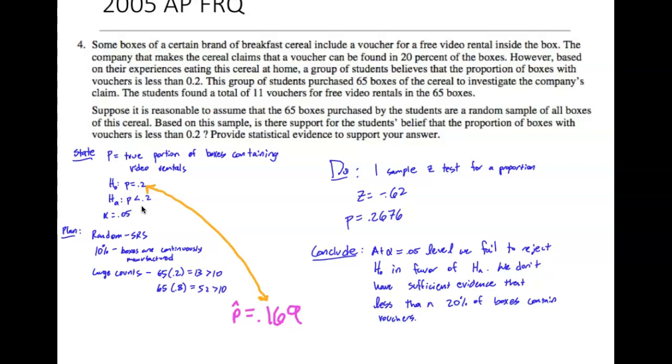So the last thing we're going to talk about is going back to type 1 and type 2 error. Remember, type 1 error is a false positive. Type 2 error is a false negative. What type of error could we have committed here? So we failed to reject.